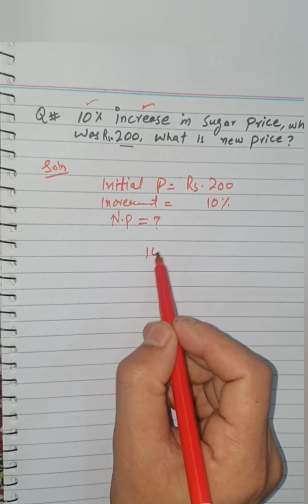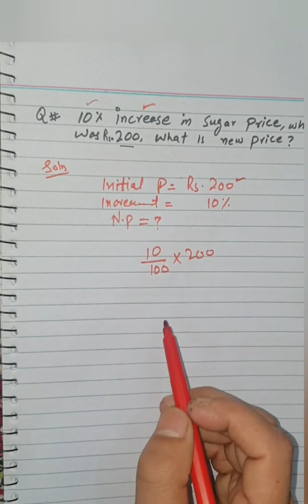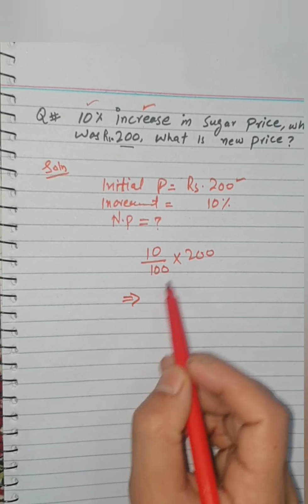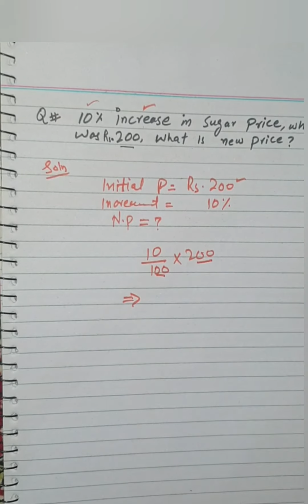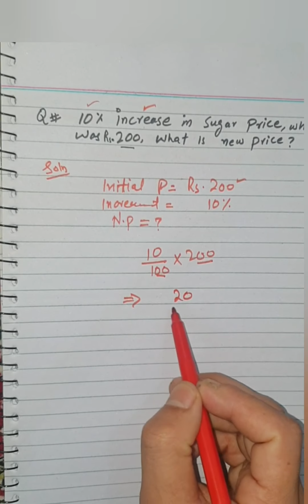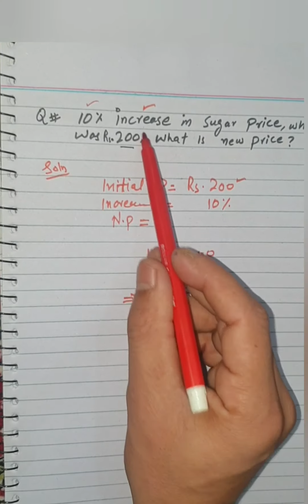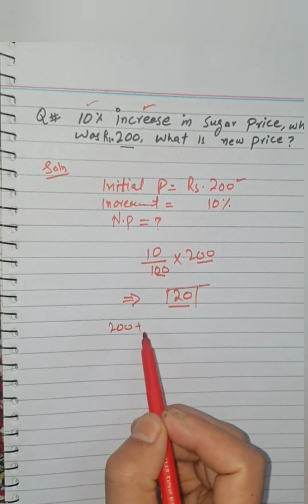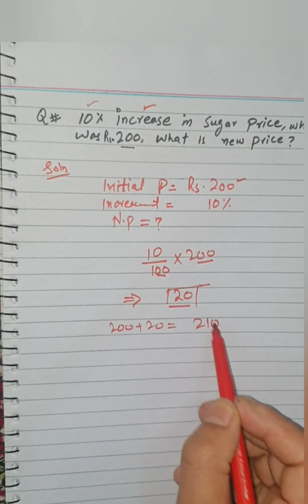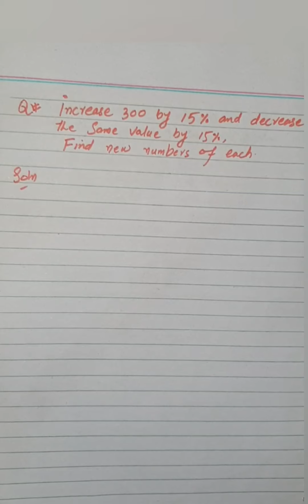So 10% means 10 upon 100 multiplied by 200, which is the initial price. Simplifying this, these two zeros will be cancelled out, and we get 10 multiplied by 2 is equal to 20. So here the 20 will be added to the original price. 200 plus 20 is equal to 210. So this is the new price of sugar after the increment of 10%.